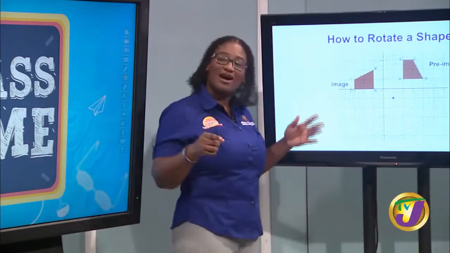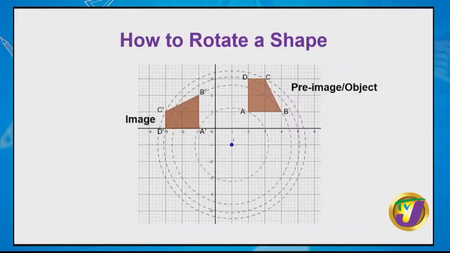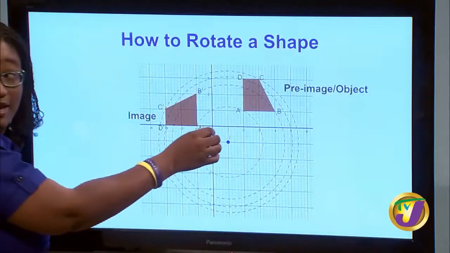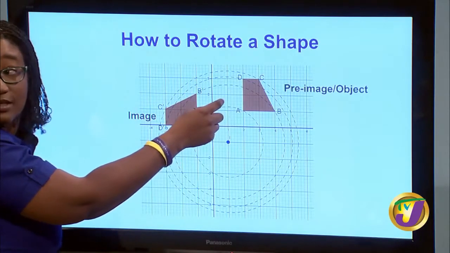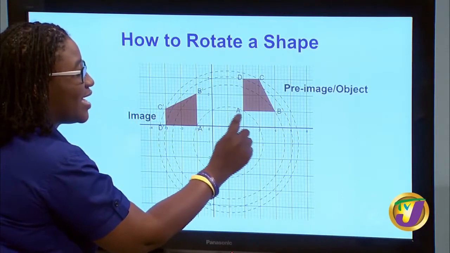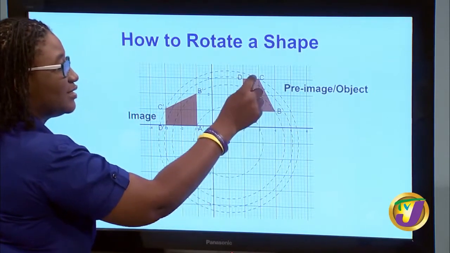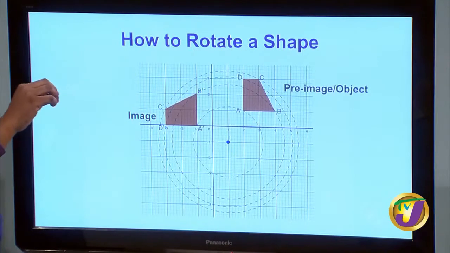That's cool. All right, so we talk about congruence, but I also want to point out, let's examine the labeling, the order of the labeling. Let's start from point A and go in an anti-clockwise direction. If I'm looking at my labels, I see A, B, C, D. Yes, and that was anti-clockwise.